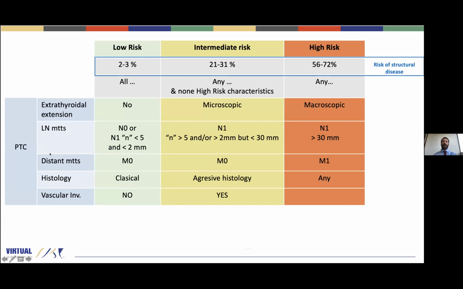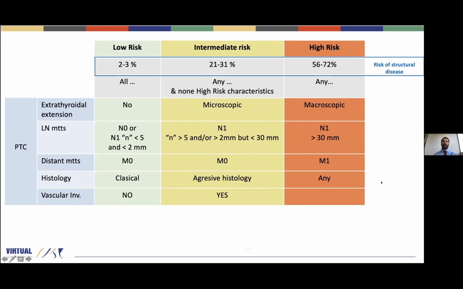For patients with papillary thyroid cancer, the characteristics that we will use to classify the patient are whether they have extrathyroid extension or not, and if they have it, whether it is microscopic or macroscopic, and whether they had lymph node metastases, and if they have them, what is the number and the size. The larger the size and the larger the number, the higher the risk. Also, we have to know if the patient has distant metastases.